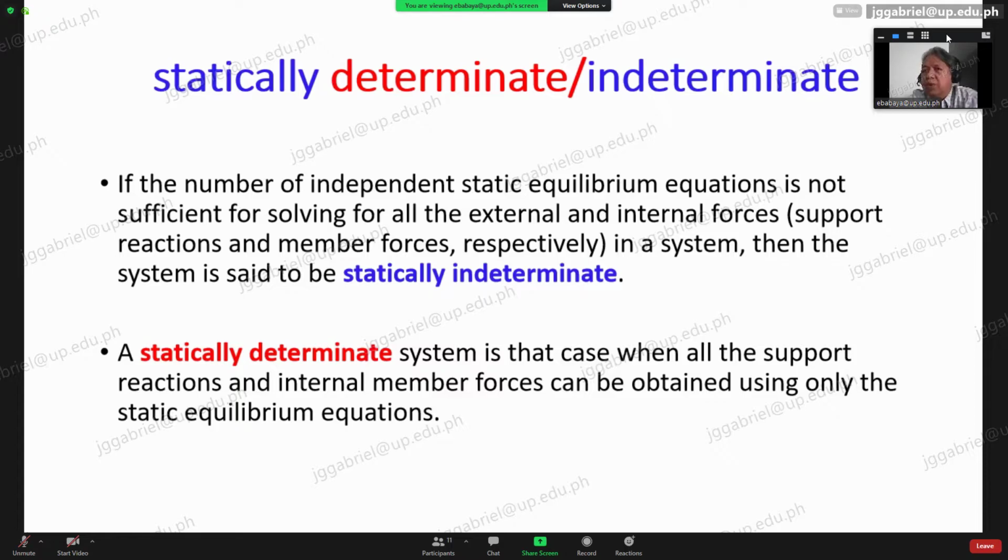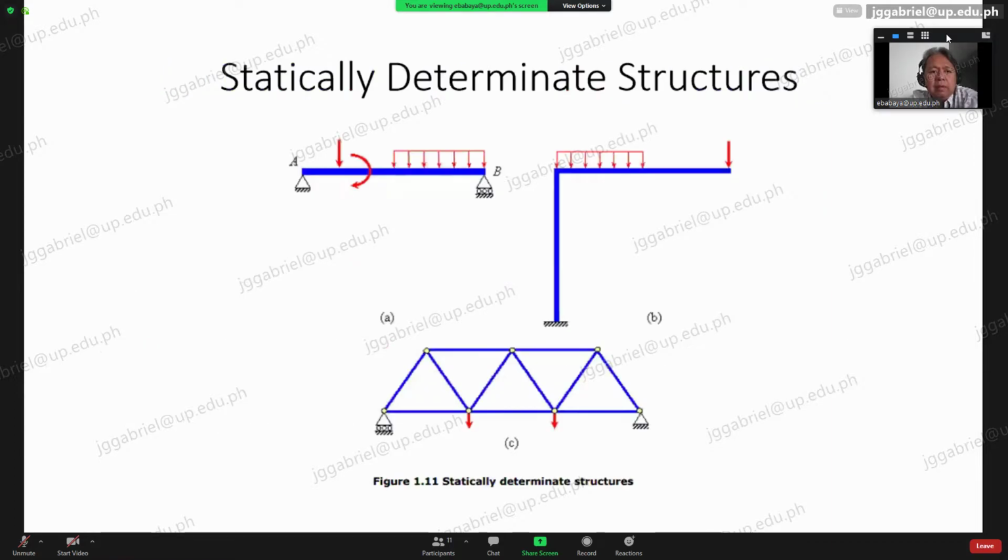When the three available equations are just enough to come up with the reaction and internal member forces, then it is statically determinate. Okay. Now let's have some illustration, no? Kung ano yung statically determinate structure. These are statically determinate structures.